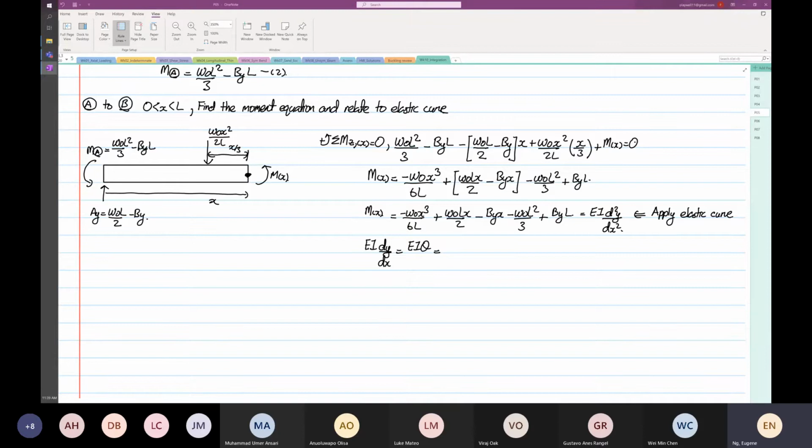This will be equal to minus omega naught x^4 over 24L, plus omega naught L x^2 over 4, minus wx^2 over 2, minus omega naught L^2 x over 3, plus wLx, plus C1.